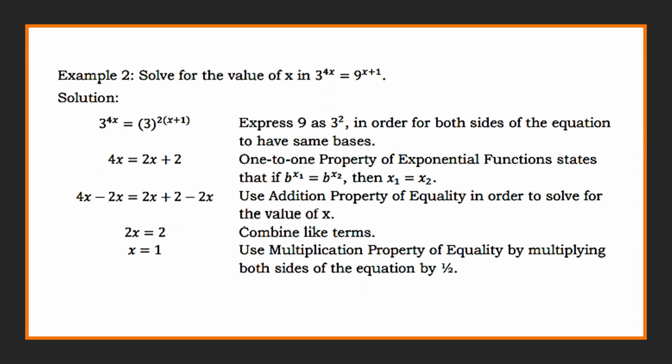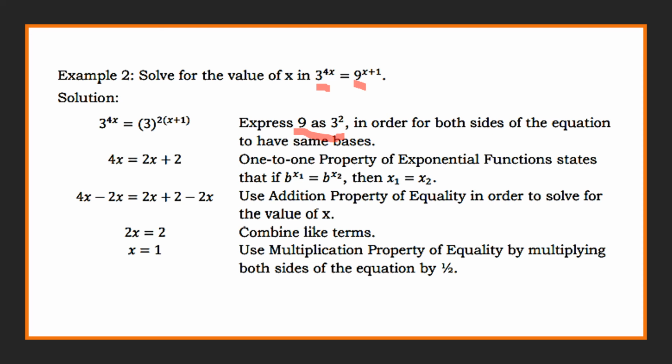Now, another example. Solve for the value of x in 3 raised to 4x is equal to 9 raised to x plus 1. So, 3 and 9. Yung 9 can be expressed as 3 squared. Okay? So, 3 raised to 4x is equal to 3 raised to 2 times the quantity x plus 1. Huwag kakalimutan yon. Pareho na silang ng base.